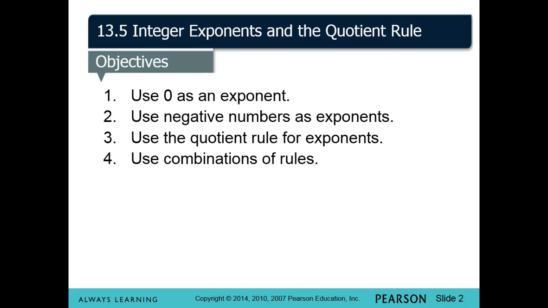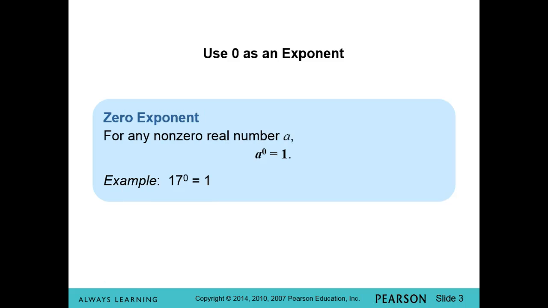Use the quotient rule for exponents, and then we'll use a combination of rules. All right. Something that's true from now and forever: for any non-zero real number a, a to the 0 is 1. 0 to the 0 is not defined.